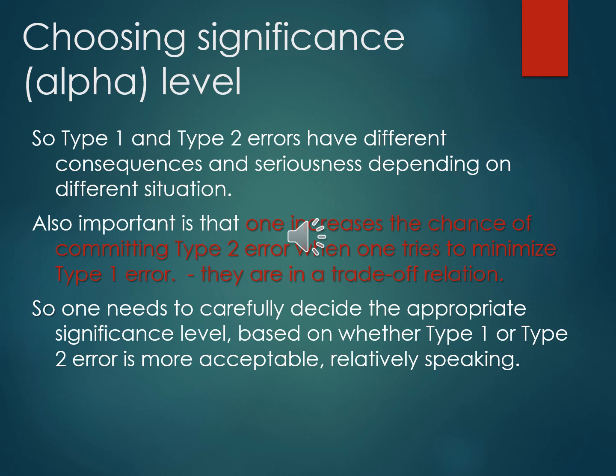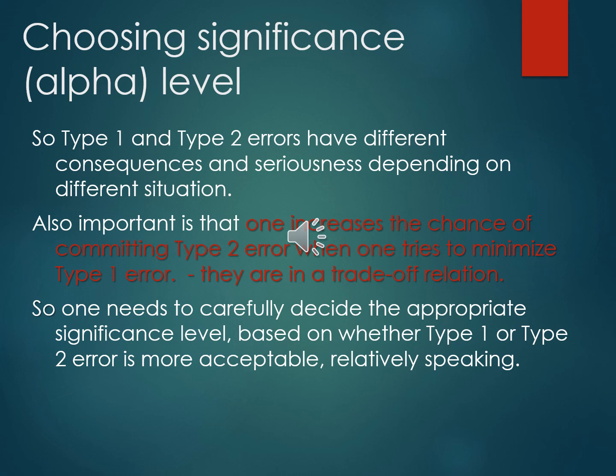So are there any ways or rules of thumb that help you decide what kind of alpha level one chooses to reduce type 1 or type 2 error? That's a difficult question, but here is one guideline that I would suggest.